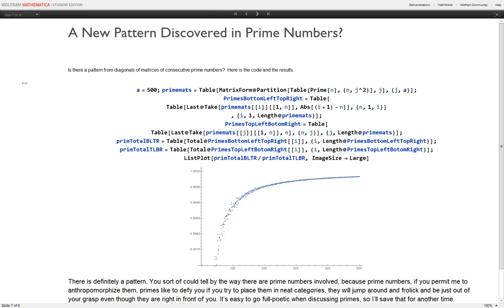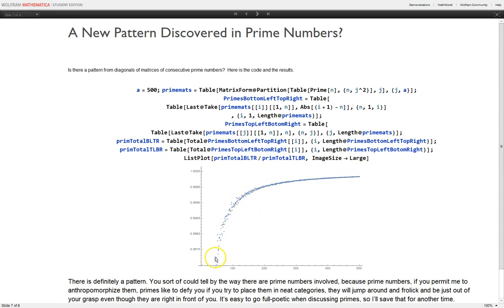So maybe we just discovered a new pattern in prime numbers. So this was 500 consecutive matrices of consecutive primes, and we grabbed the diagonals, we added up the numbers in the diagonal, and we divided those numbers from one diagonal into another diagonal, and we plotted the values, and we got this.